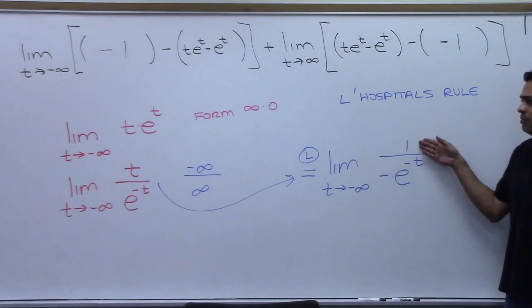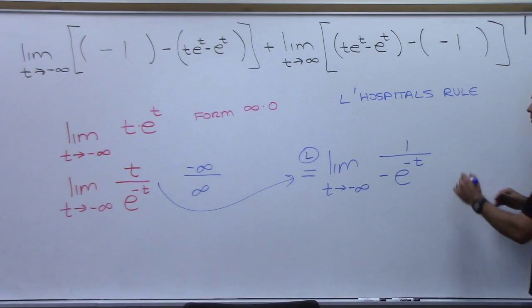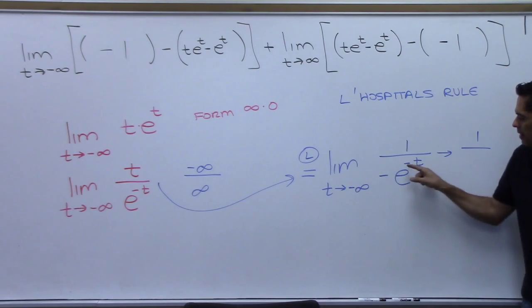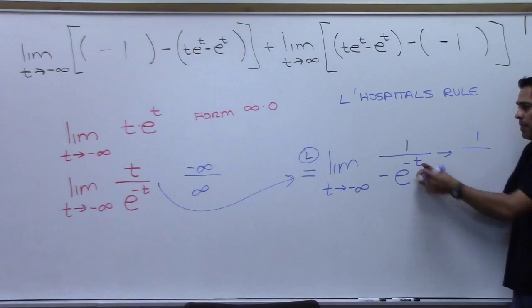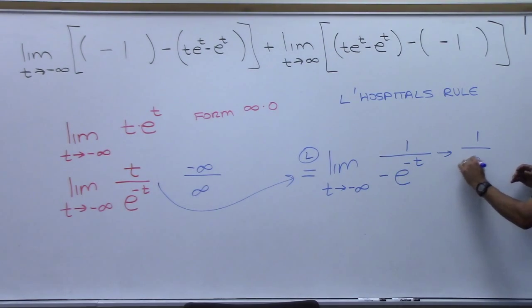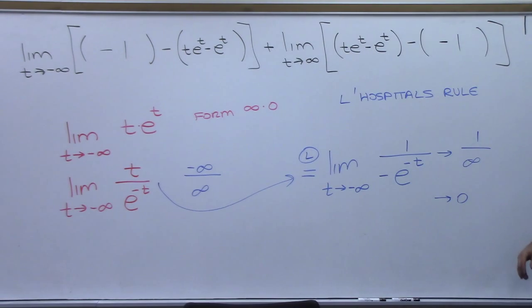What does the top do? It's just 1, right? This is headed to 1 over, and then negative infinity in here, negative is positive. That thing's going to blow up, isn't it? It's going to become a huge negative number. What's 1 over a huge negative number going to go to? So this is basically going to go to 0. That's just the first one.